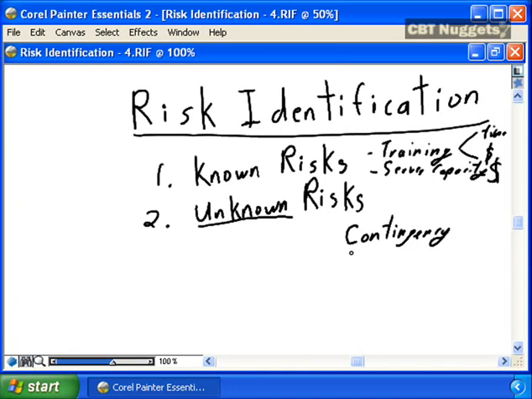Unknown risk requires a general buffer. So you need to allocate time, maybe 10%. You need to allocate specific dollars, $5,000, to deal with the unknowns associated with project delivery. Unknown risks need to be managed very differently than known risks, and we'll cover that in the next nugget.